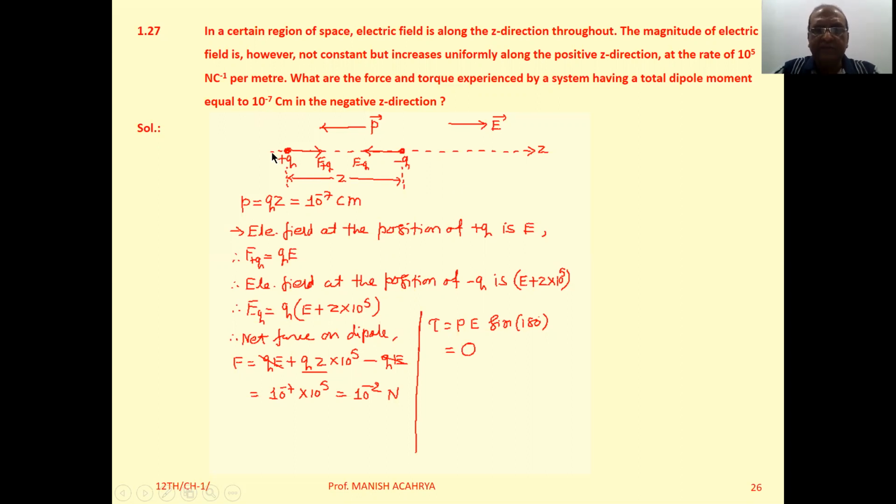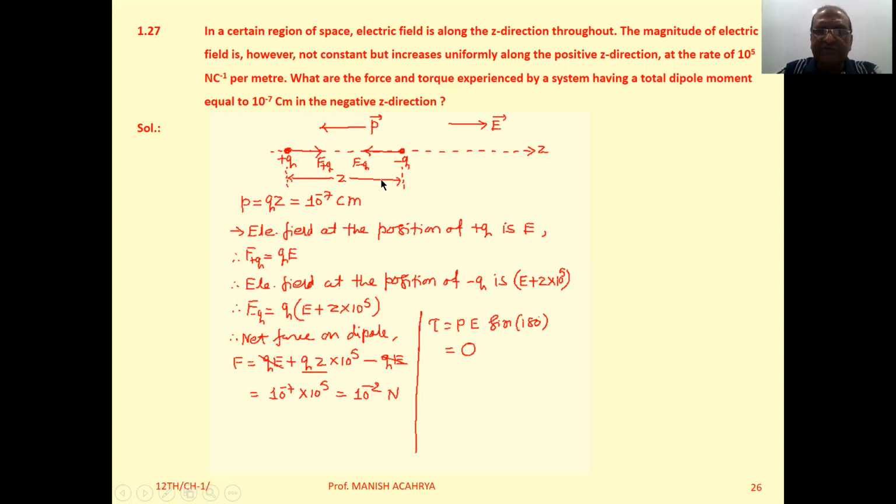So see the figure. This one is the Z direction. Electric field is in Z direction. And now the dipole is along the Z direction, +q, -q. So dipole moment is in negative Z direction from -q to +q.